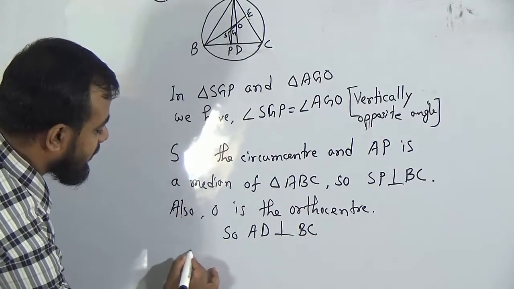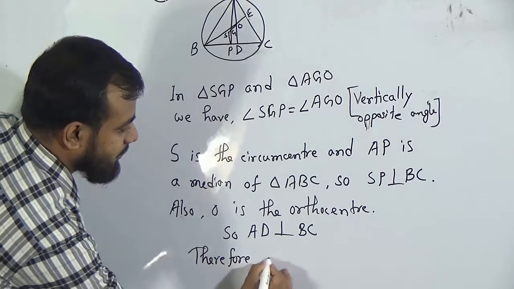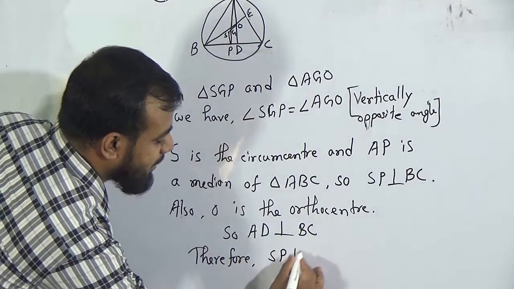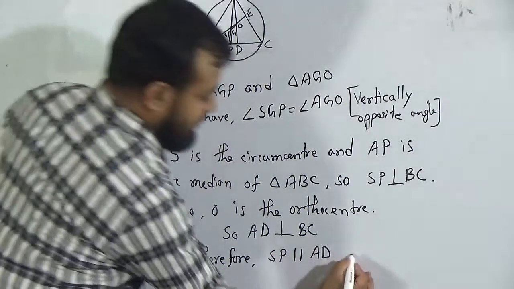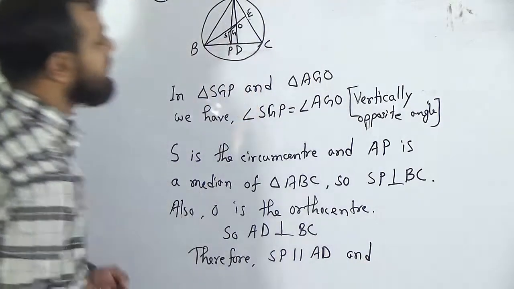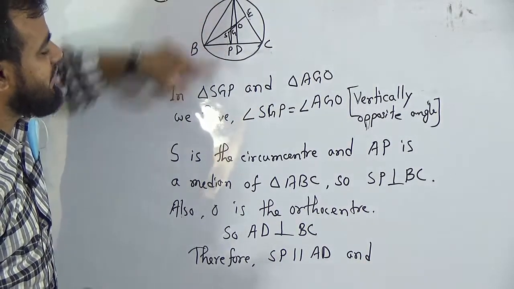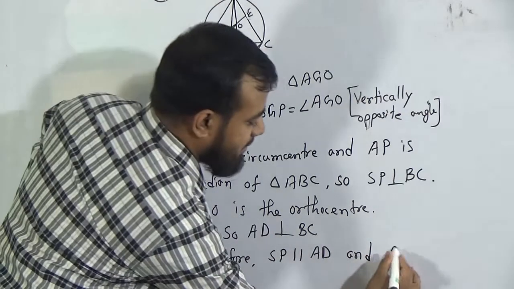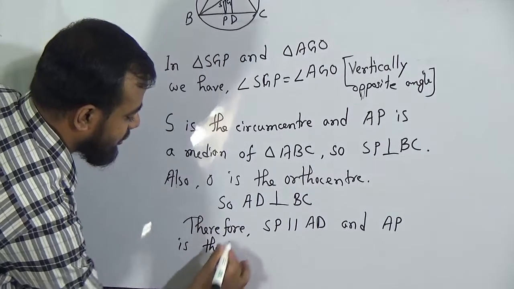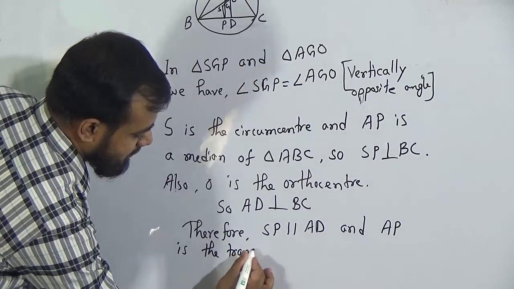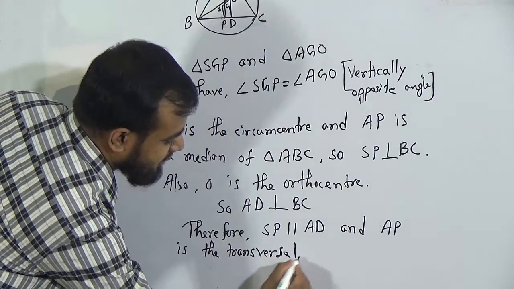We can write down, therefore, SP is parallel to line AD, and the line AP is the transversal.